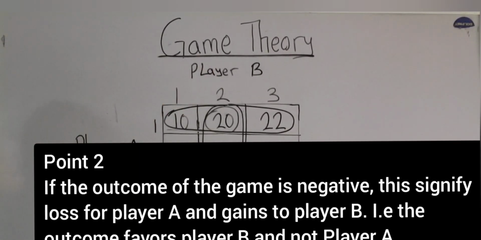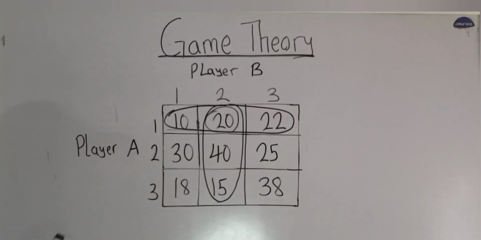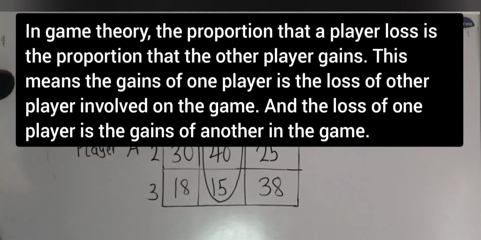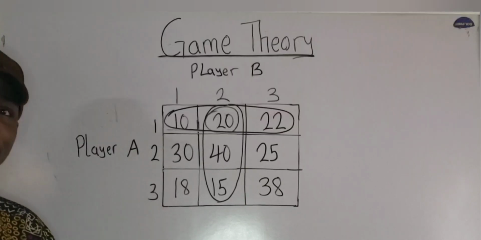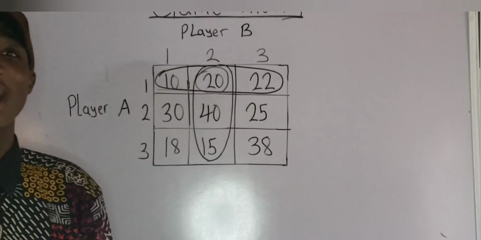Now, when we talk about game theory, the proportion of what a player lost will be the proportion that another player will gain. The proportion that maybe player A lost, 40, is the amount that player B will gain. Let me cite this example. In a soccer match, we always have two teams on the field.